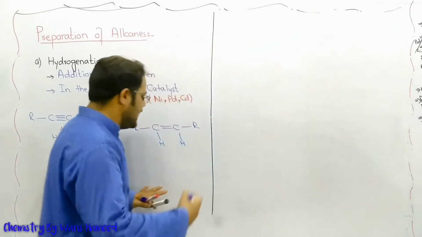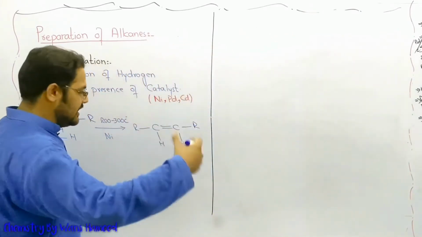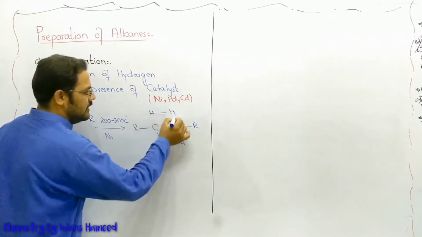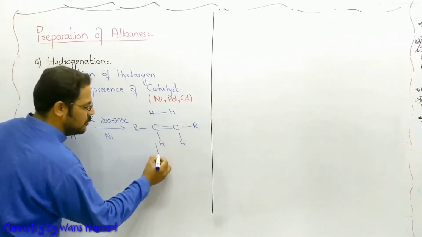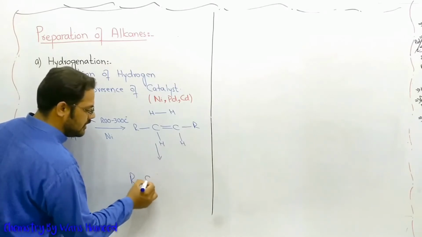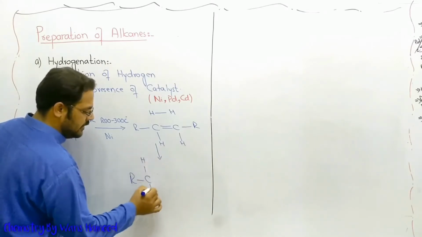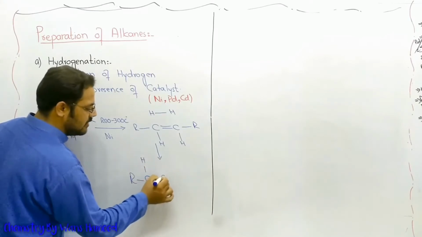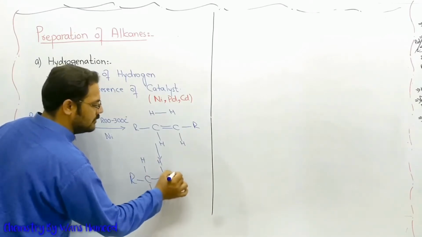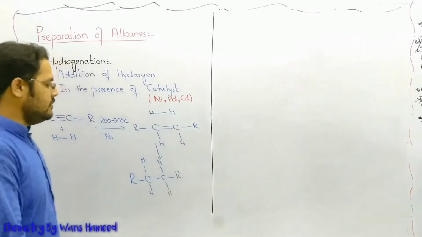And when we add some more hydrogen to this reactant, this product will convert into alkane. R group, carbon, hydrogen, hydrogen, single bond, carbon, hydrogen, hydrogen, and here will also be an alkyl group.